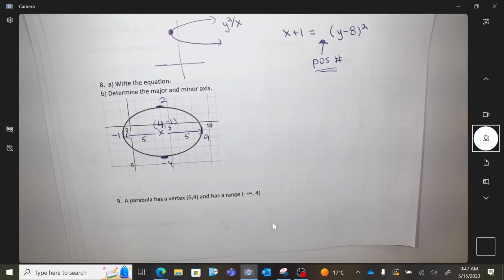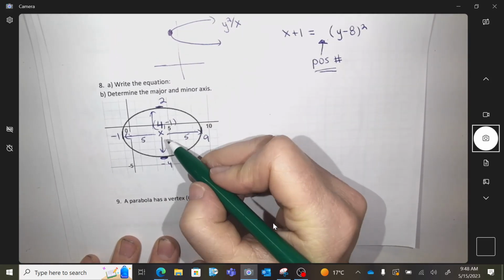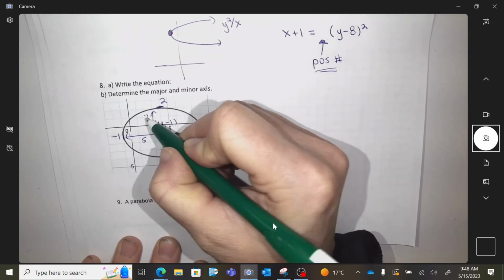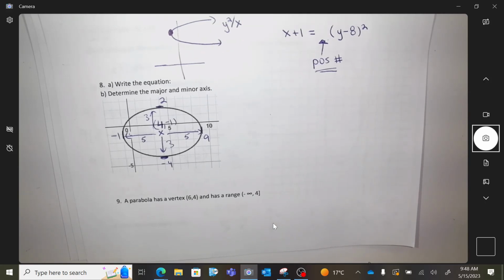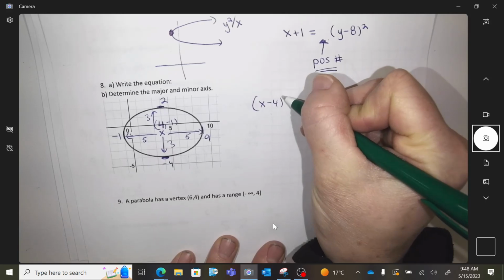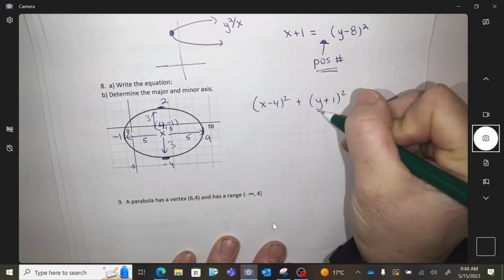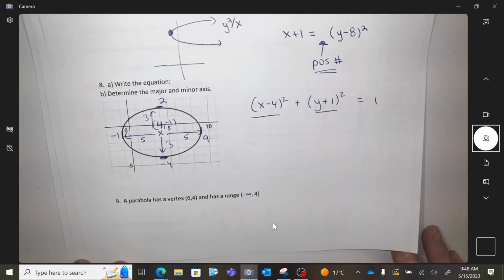Okay, so there's my info. Center. The horizontal radius part is 5 each way. How much are we doing vertical each way? We're going 3. Okay, so (x minus 4) squared, (y plus 1) squared is the center part of it.